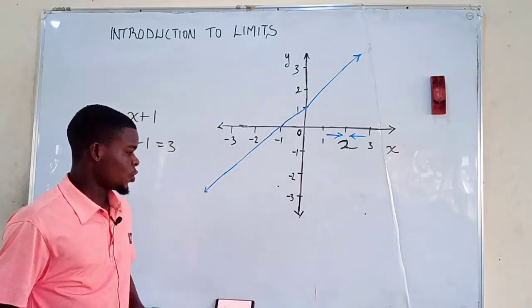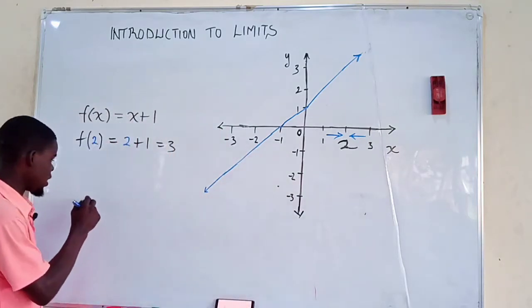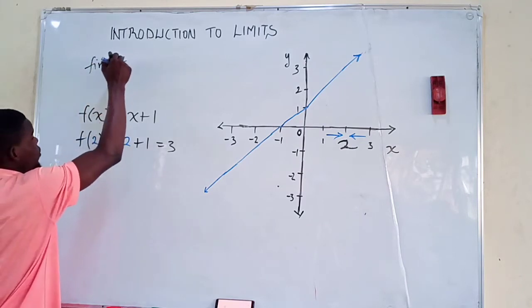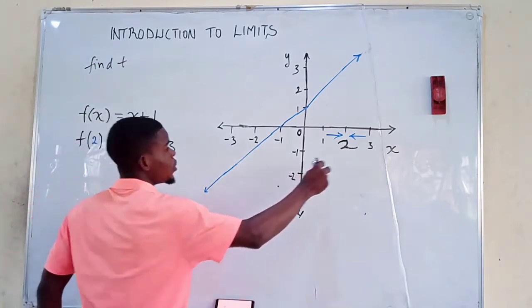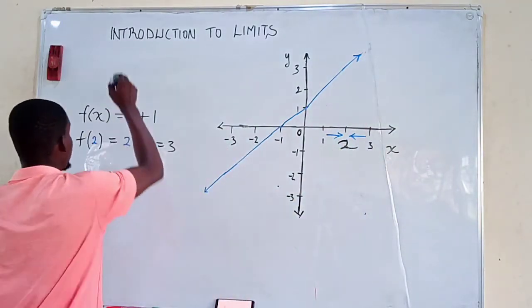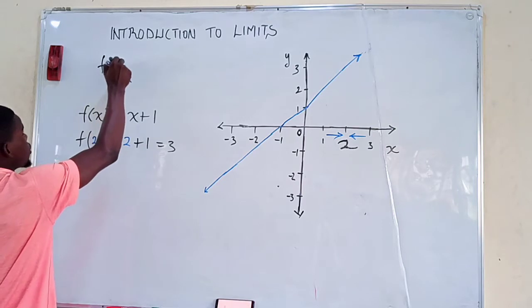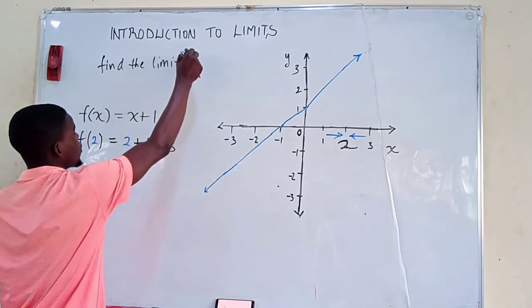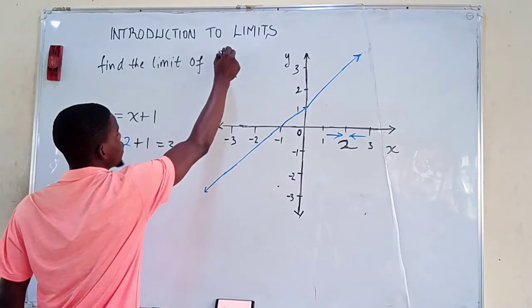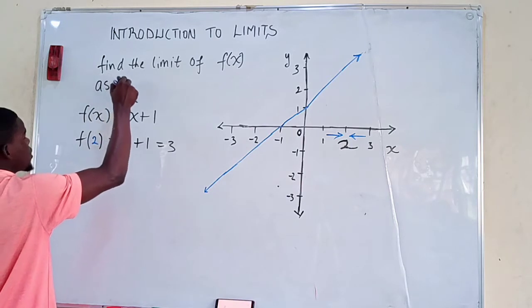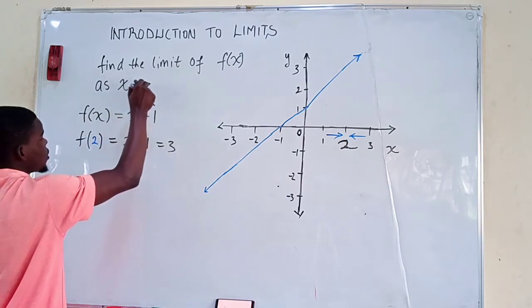So the statement is to find the limit of f of x as x tends to 2.